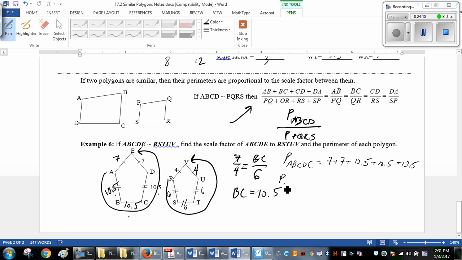Perimeter of R, S, T, U, V equals 4 plus 4 plus 6 plus 6 plus 6. And that gives me, add these things up, 45.5 and 26.